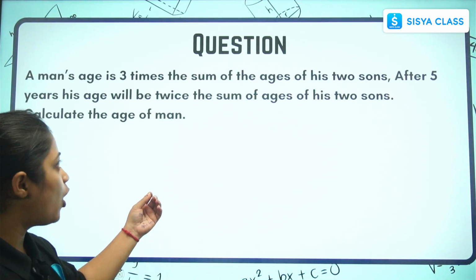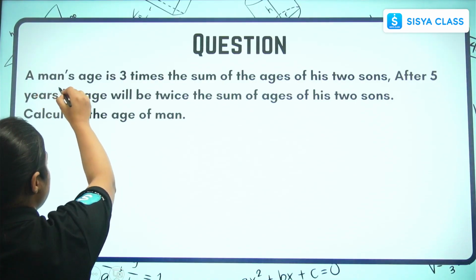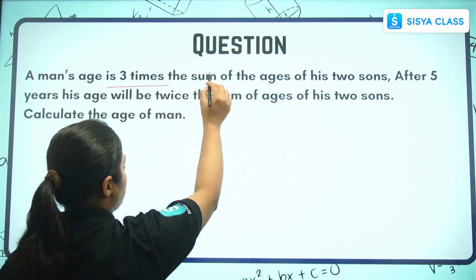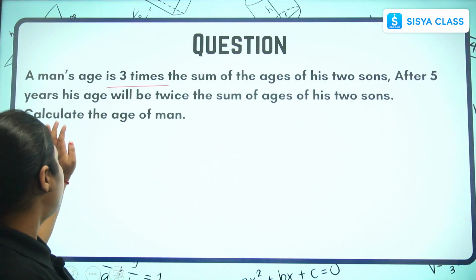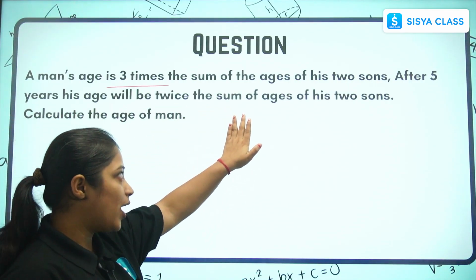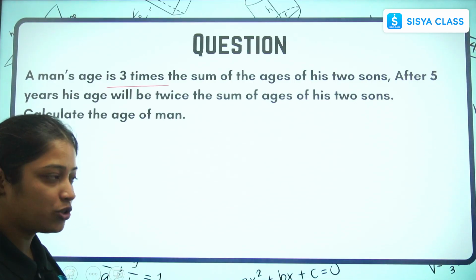Now let's solve another question. The question is: a man's age is 3 times the sum of the ages of his 2 sons. After 5 years, his age will be twice the sum of the ages of his 2 sons. So calculate the age of the man.